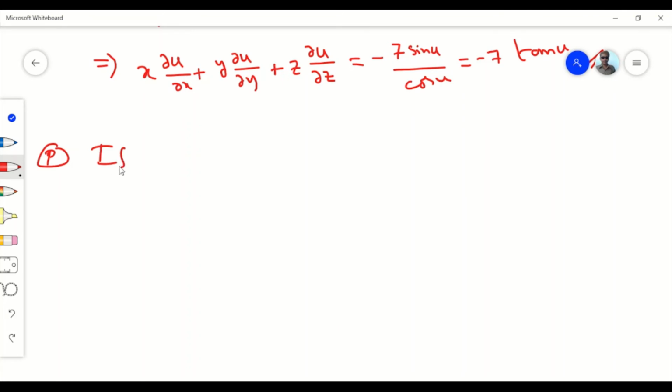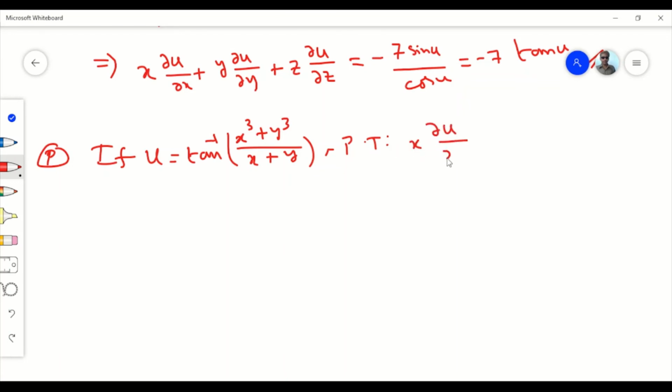If u equal to tan inverse of x cube plus y cube by x plus y, prove that x dou u by dou x plus y dou u by dou y equal to sin 2u.